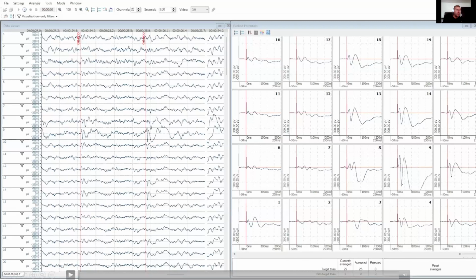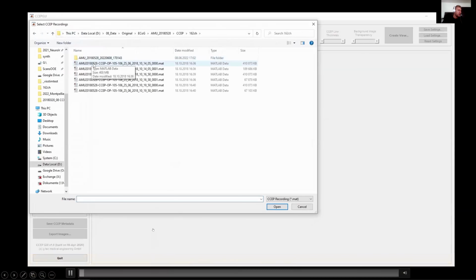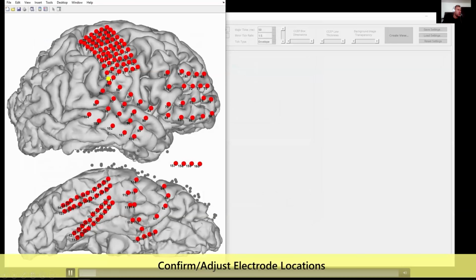Here we can see responses in a matrix view. We want to understand better how they're organized on the brain. For that, we can open that in our offline toolbox, the g.BSanalyze, together with the topographical montage that we created beforehand.